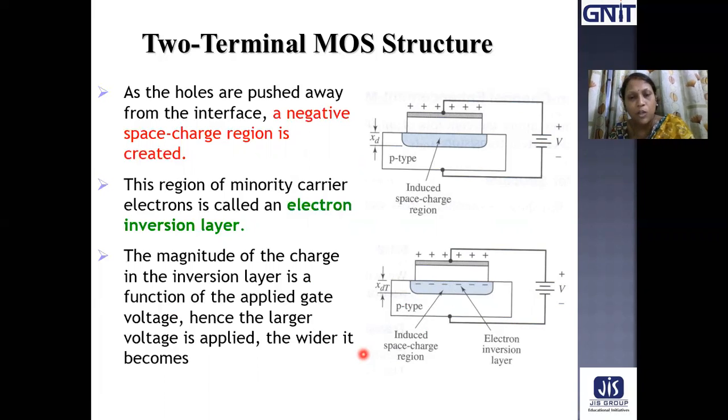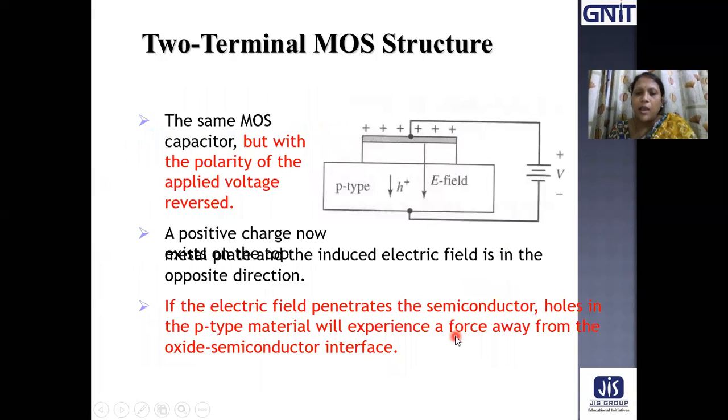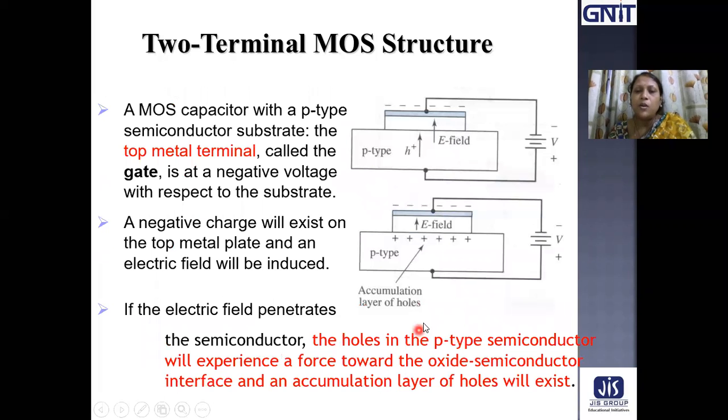So first accumulation, then inversion. The magnitude of the charge in the inversion layer is a function of the applied gate voltage. Hence, the larger the voltage applied, the wider it becomes. So this is the electron inversion layer, and previously it was the hole inversion layer.